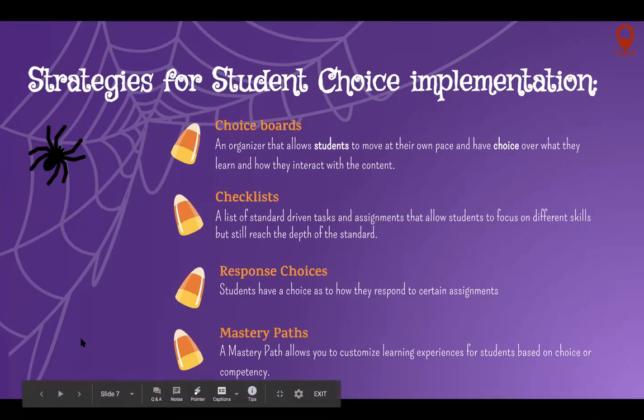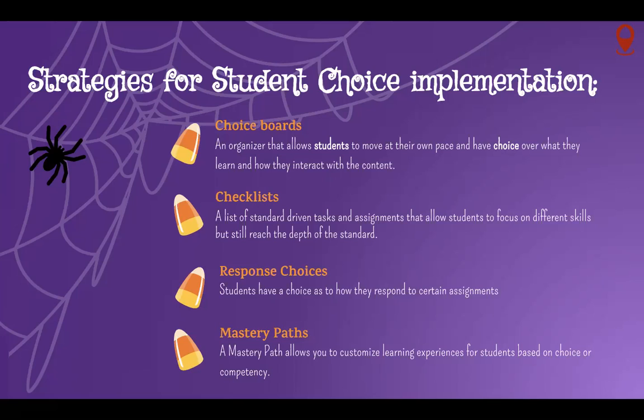If you need someone to sit down and go through these with you, maybe you feel like you're not as artsy or they're not going to look as good, start with something basic. Remember, we talked about starting with those response choices, different ways for students to turn in assignments, or to tell you what they've learned. They can either type it or turn it in by way of video or audio.